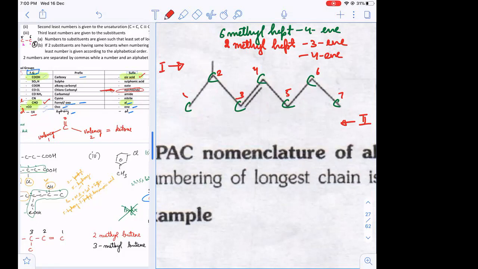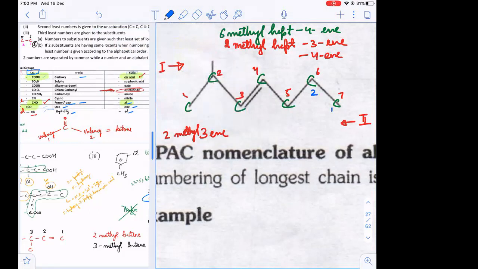The parent chain is of hept. Now, if I follow the first numbering, I will call ene at 3, and methyl at 2. That means Nikhil has told that answer. He has followed the first numbering.